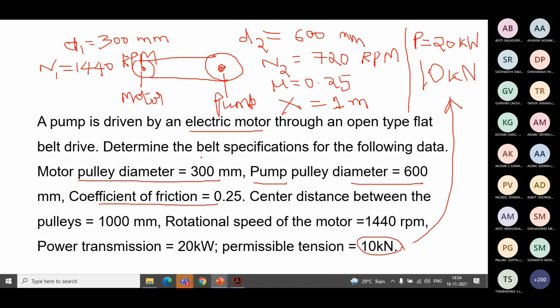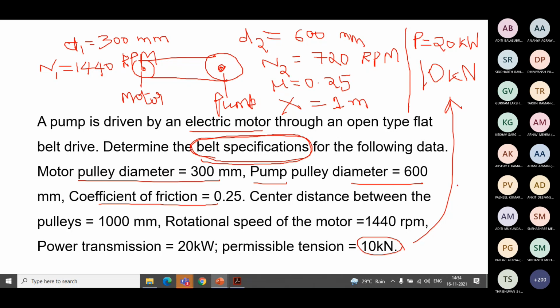You are supposed to find out the belt specifications. What do you mean by belt specifications here? One is belt width, another one is length. There are two things you have here: length of the belt and width of the belt. You are supposed to find out these two. Clear? We'll move on to solve the numerical. Shall we move on to the next slide?